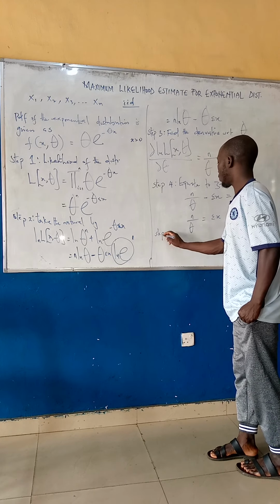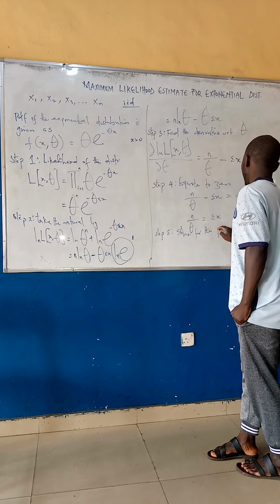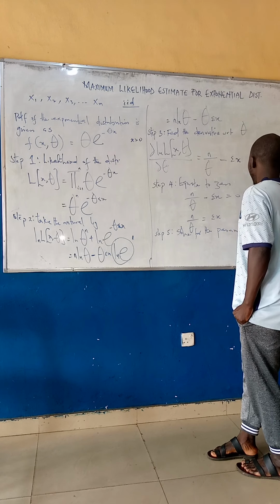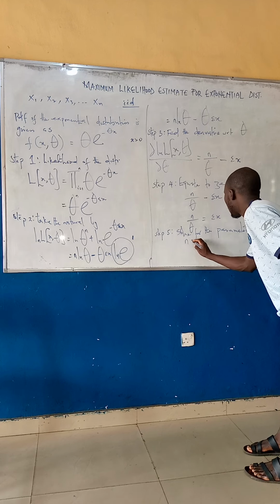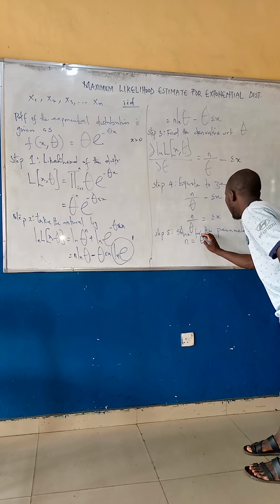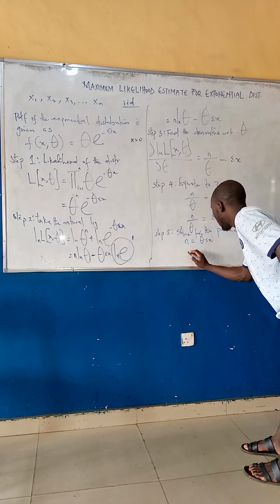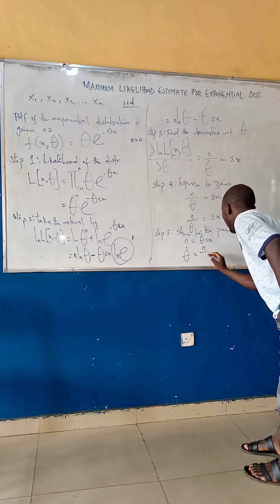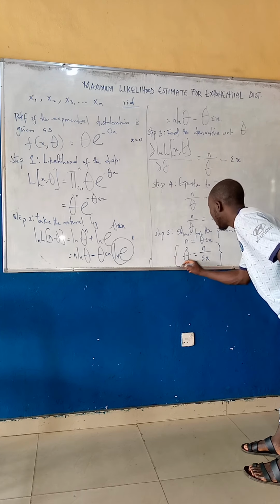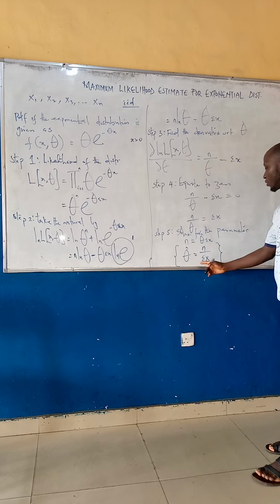And the last step, which is step 5, solve for the parameter. Right from here, we can just have n equals θ summation x. This will give us θ cap equals n divided by summation x. This is the maximum likelihood estimate of the exponential distribution.